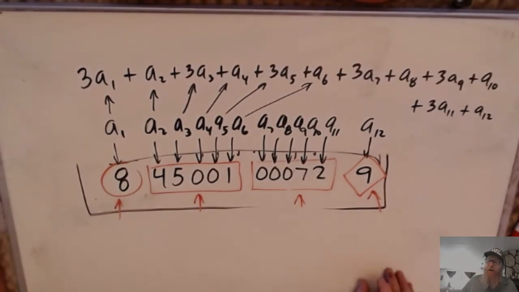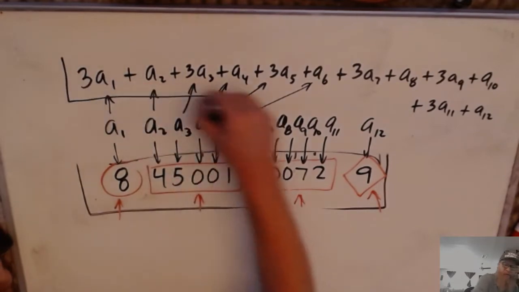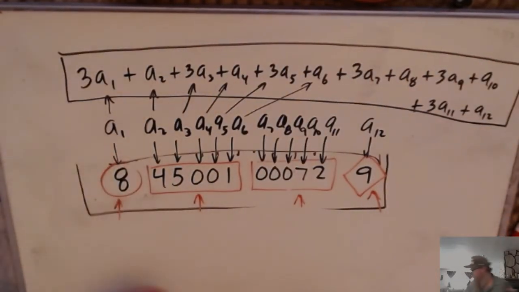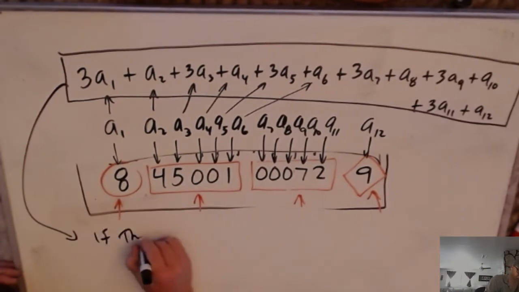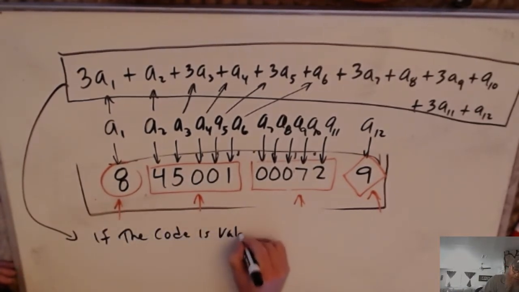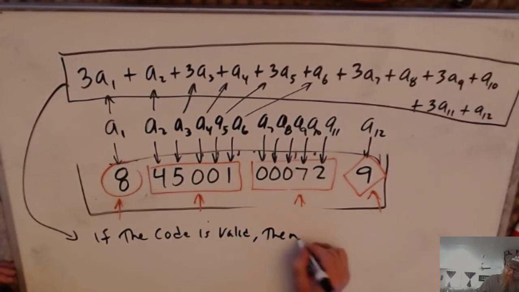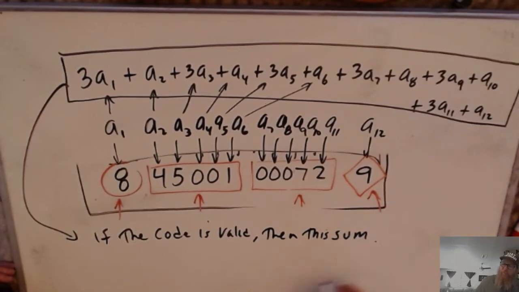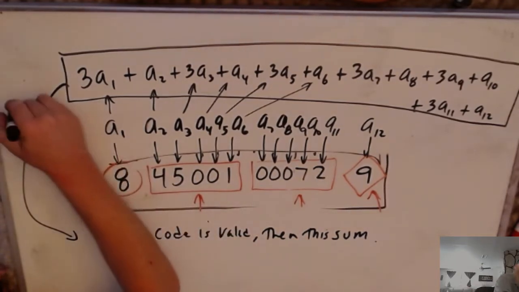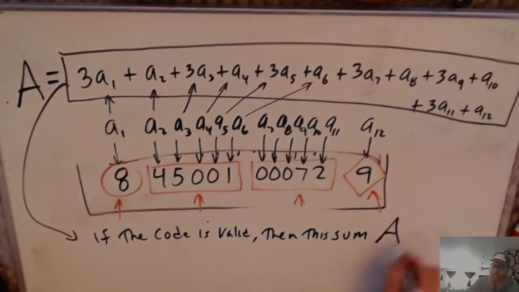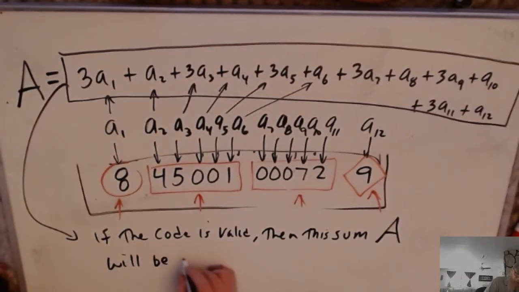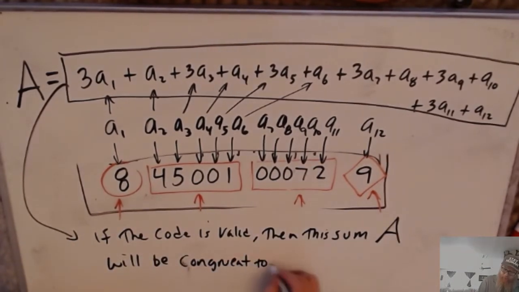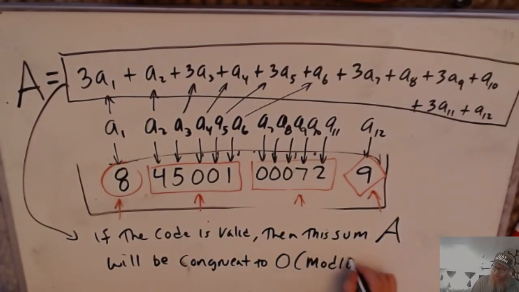If this is a valid code, then this sum, let's call this sum A, will be equal to, or be congruent to, 0 modulo 10.